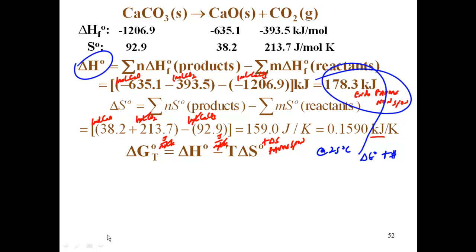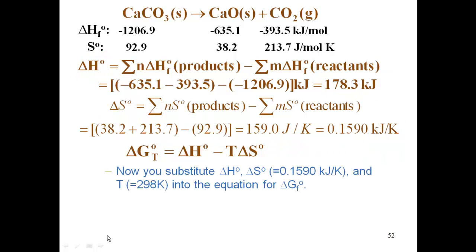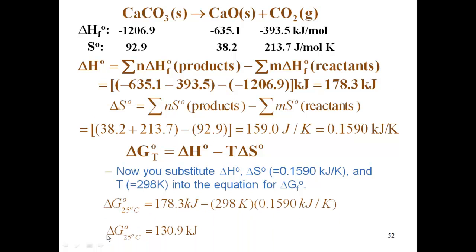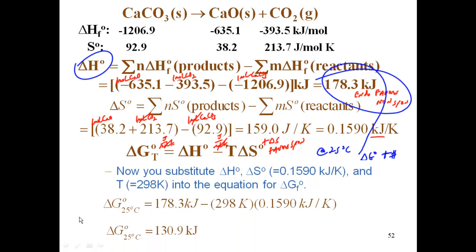If we plug in our numbers, delta G at 25 degrees C equals 178.3 kilojoules minus 298 Kelvin times 0.1590 kilojoules per Kelvin. My Kelvins cancel. Add it up, I get 130.9 kilojoules.